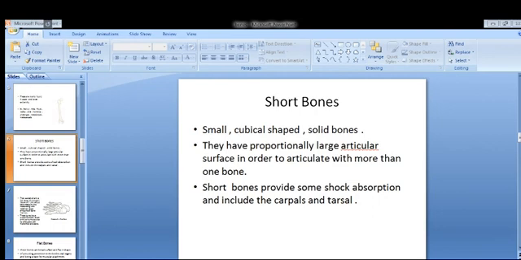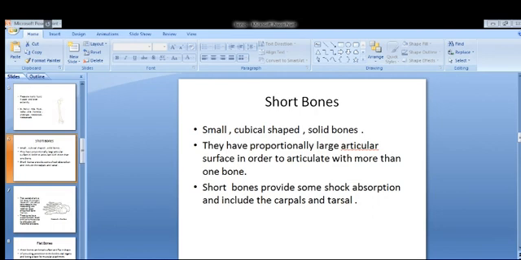And here also, most of the short bones provide shock absorption, because in hands and in legs, where we have many bones, we have to move the weight, carry the weight, shift the weight, and that is why that shock has to be transferred.